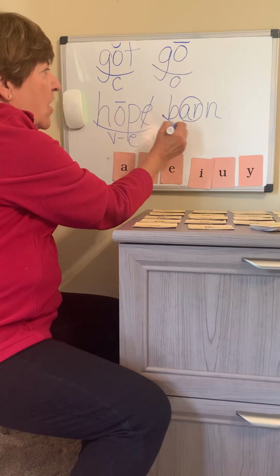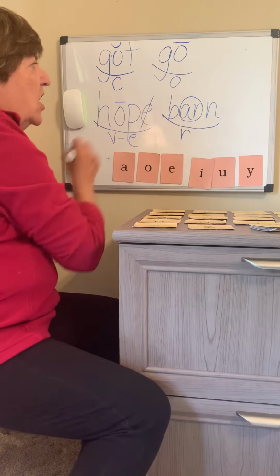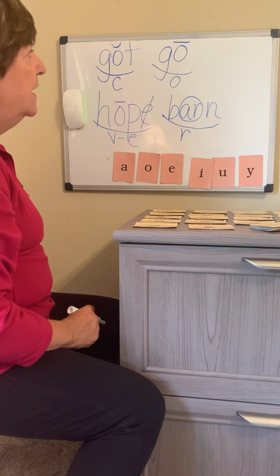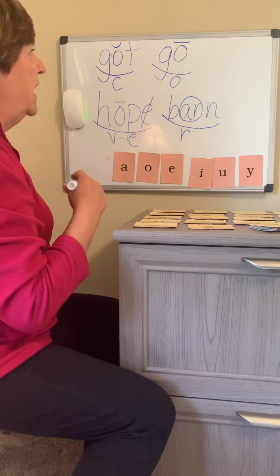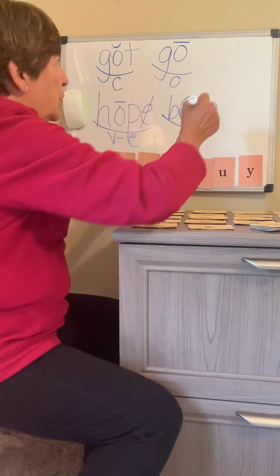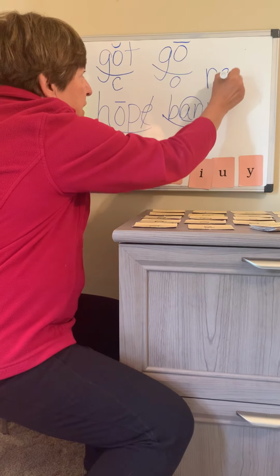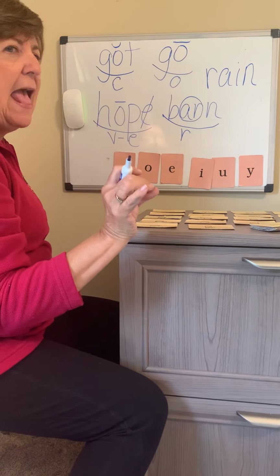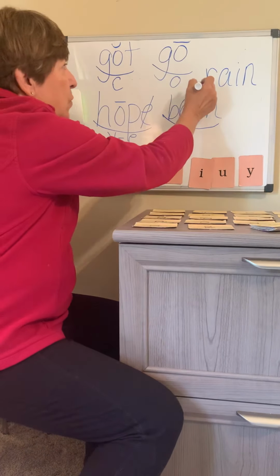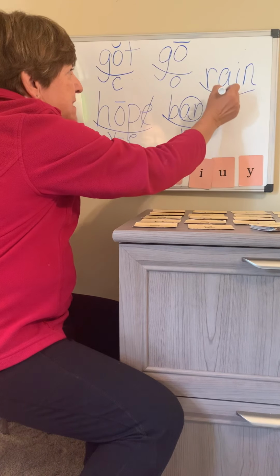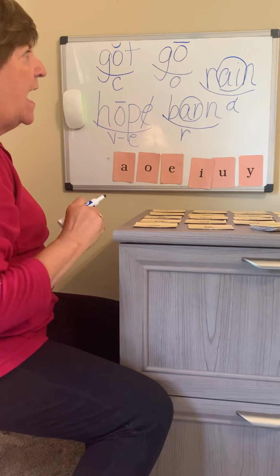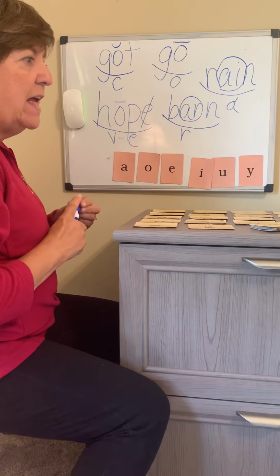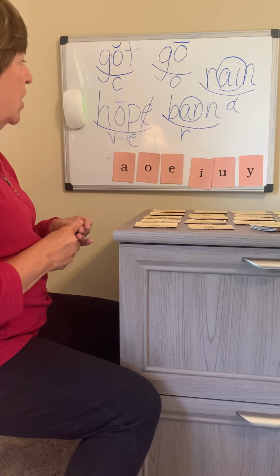We saw that AR in there, and that told us this was the R syllable. And then lastly, we have talked about the vowel team syllable, like in the word rain. We know this is the vowel team syllable because it has the double vowel AI in it. So that's 5 different types that we've talked about.